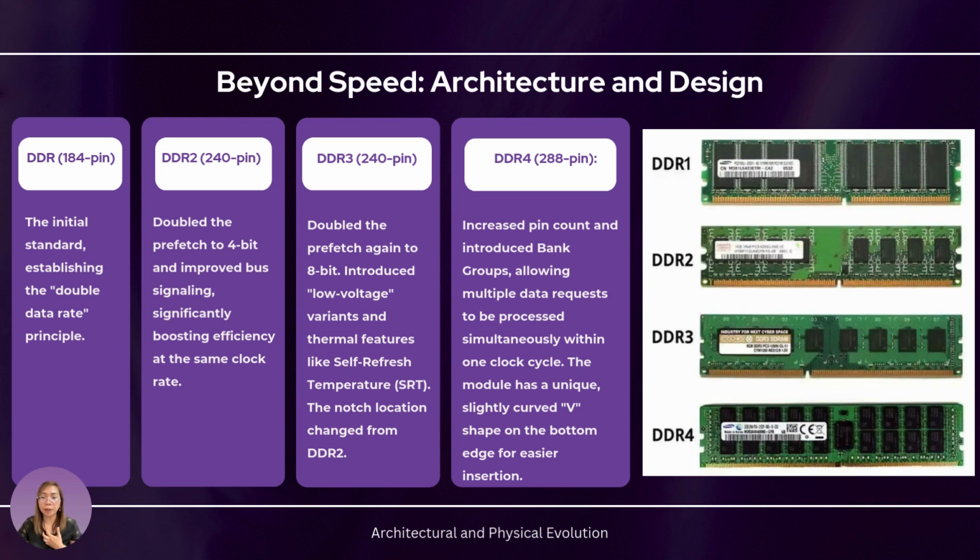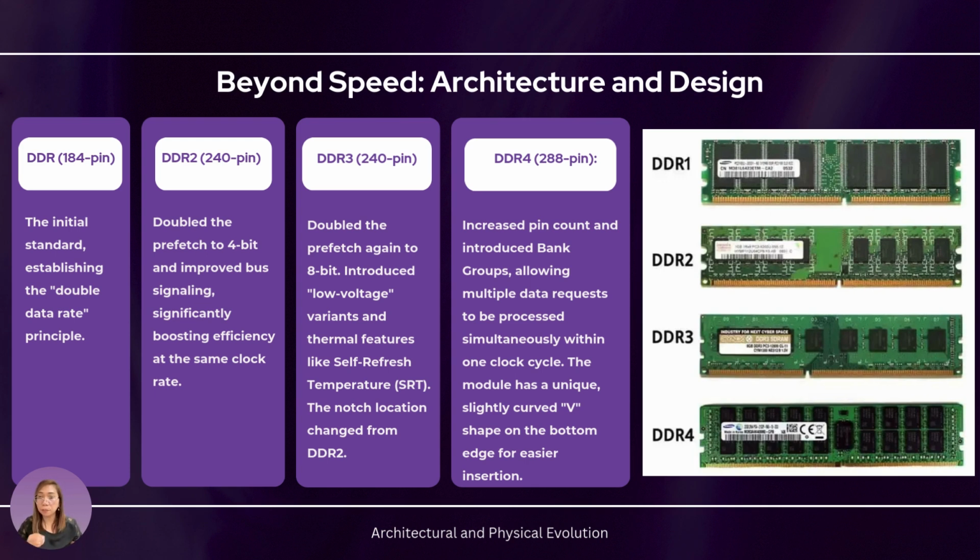When we move from DDR2 to DDR3, the pin count stays the same at 240, but the notch location on the module is shifted. It also brings the 8-bit prefetch and better low voltage options. The DDR4 introduced the biggest physical change, moving to a 288 pin module with a unique and slightly curved bottom edge.